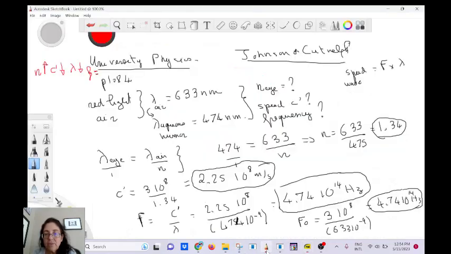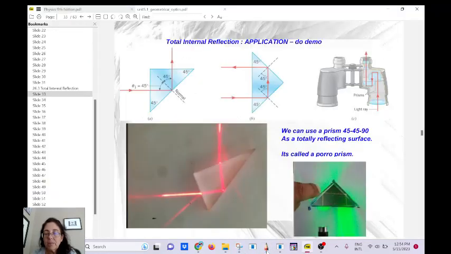Okay, we did 42, I think it's not here, but it was about 41, 42 degrees. So 45 is larger than 42, so there is a total reflection. And here we go again. That angle here between the incidence beam and the normal is just 45, which is greater than 41, so you can have a total reflection.